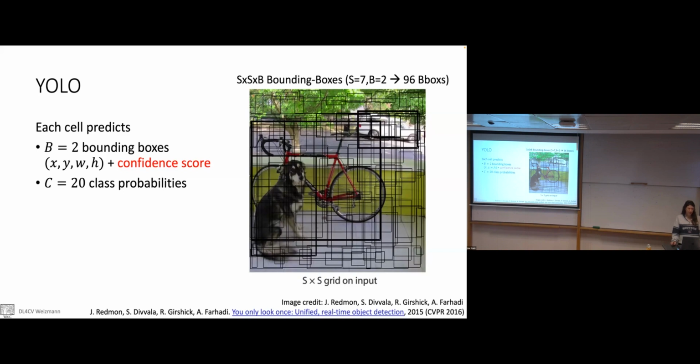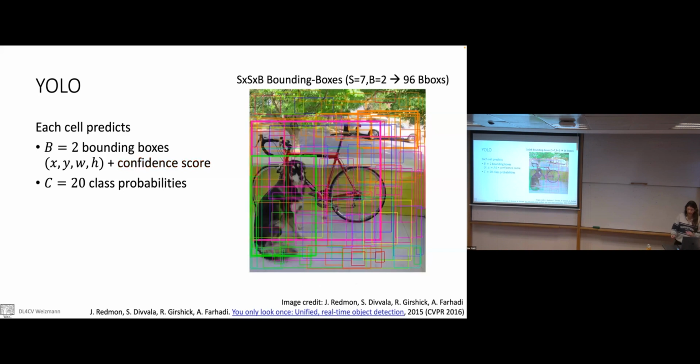Also what I wanted to show here is that given the confidence score and the bounding box, you can condition it on the class probability of each cell, and then combine this information of the class probability and the bounding box and paint this bounding box with its corresponding object.